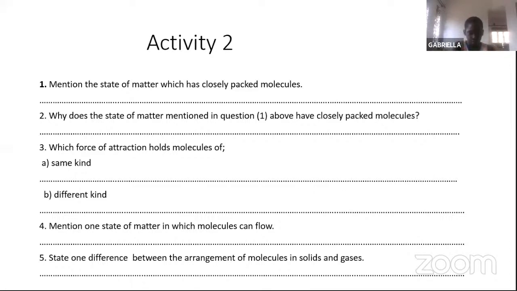The arrangement of molecules in solids is closely packed, while the arrangement of molecules in gases is far apart. Thank you so much.